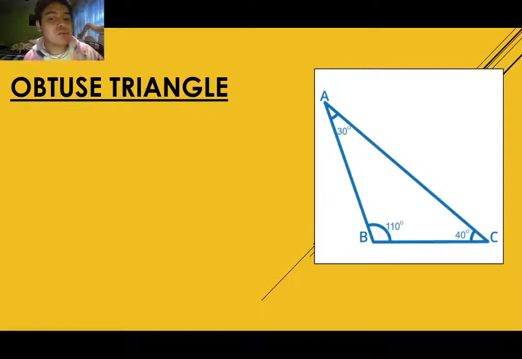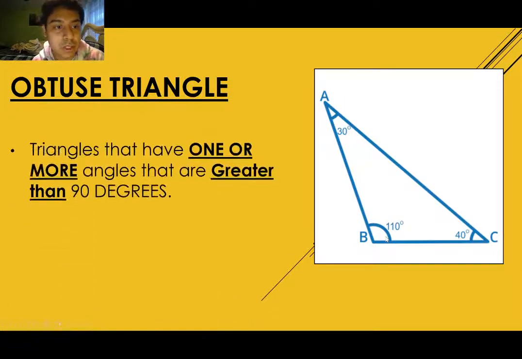Okay, so then an obtuse triangle, this one's where you have an angle that is greater than 90 degrees. So you would either have one or two angles that are greater than 90 degrees. Because this one is 110 degrees, we would call this an obtuse triangle. Okay.